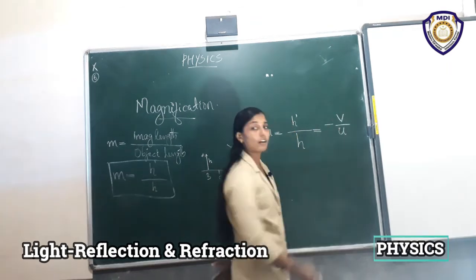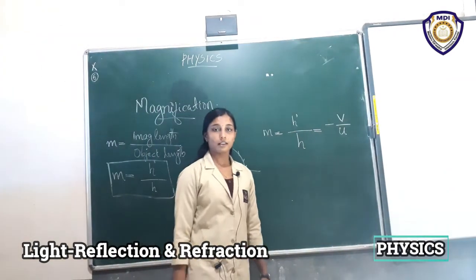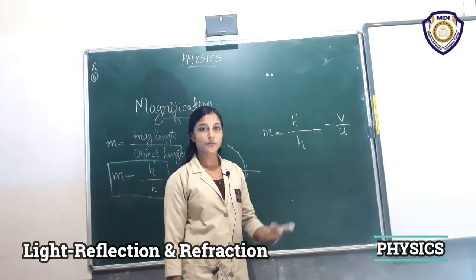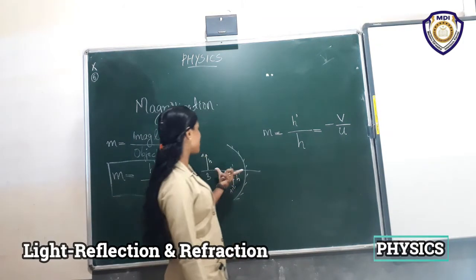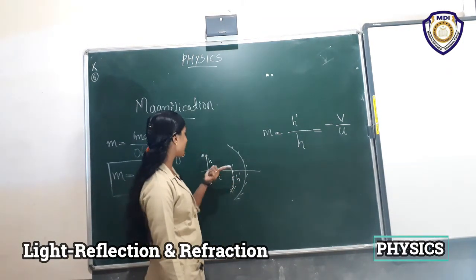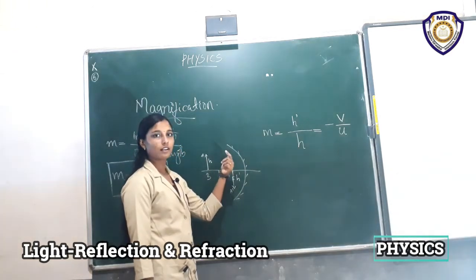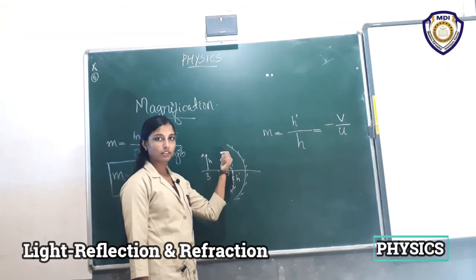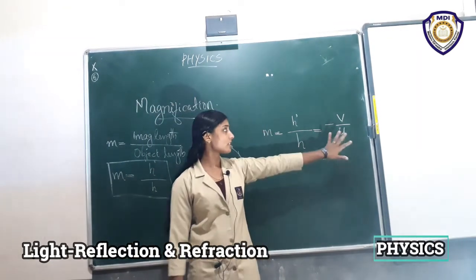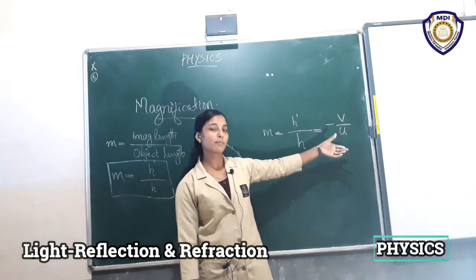Here v is the image distance and u is the object distance. In the case of concave mirrors, the object distance u is always negative, and we have to know this while solving problems.